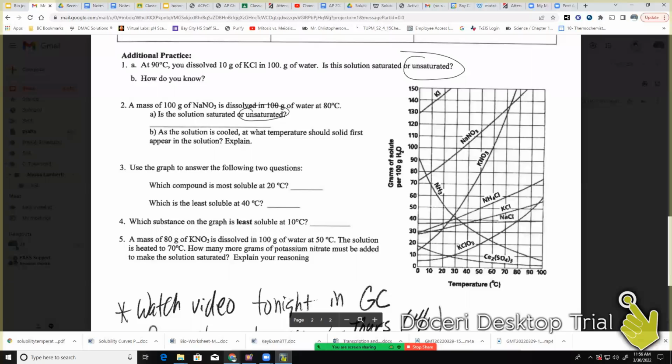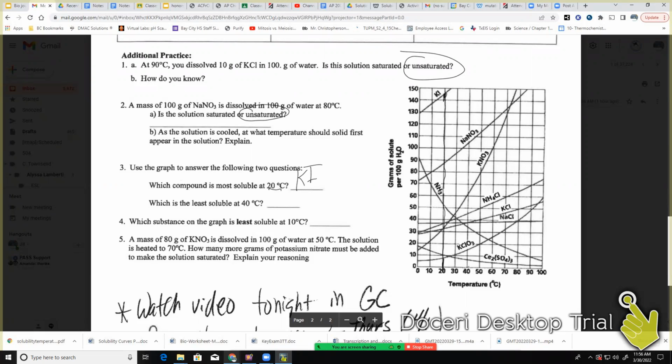All right, under number 3, for the first one, the 20-degree one, which is the most soluble? KI, right? Remember, for most soluble, I start at the temperature they give me, and then I have to go until I hit the very last compound. And then the least would be opposite.